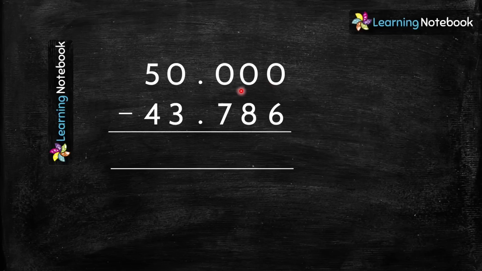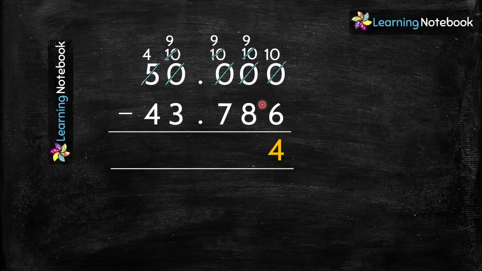So 0 borrows from 5. So 5 becomes 4. And students, we keep on borrowing until 0 becomes 10. And finally, this 0 has become 10. Now we can subtract 10 minus 6 equals 4. Then 9 minus 8 equals 1. 9 minus 7 equals 2.